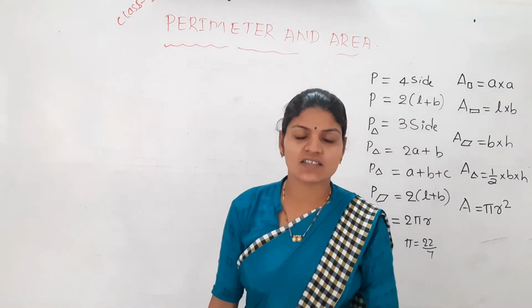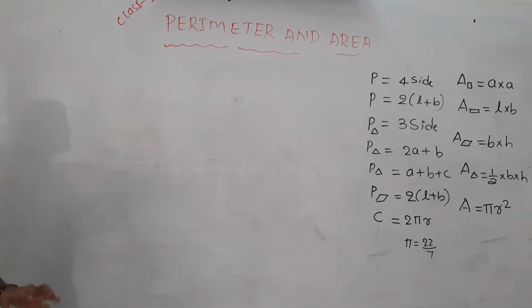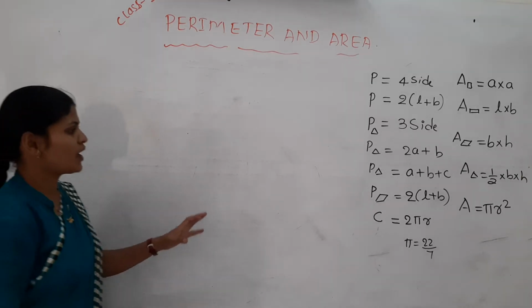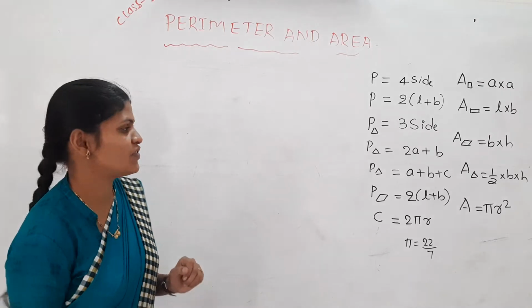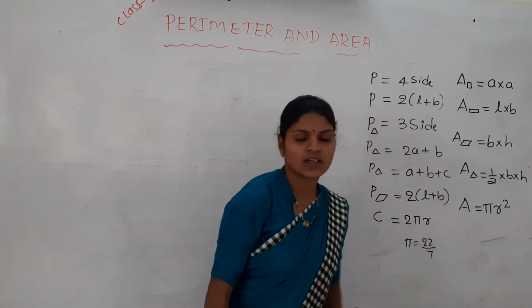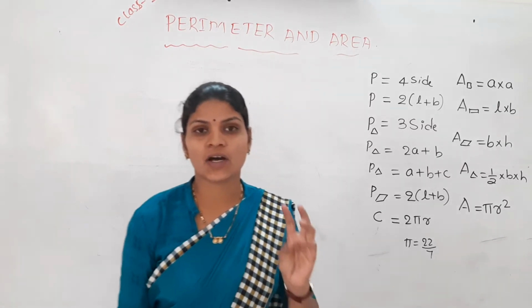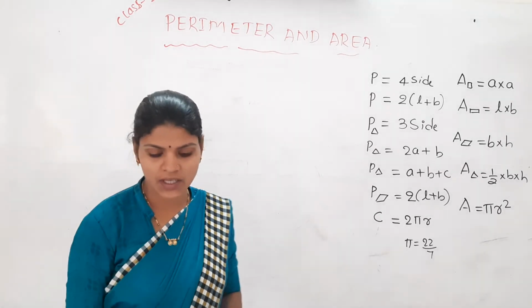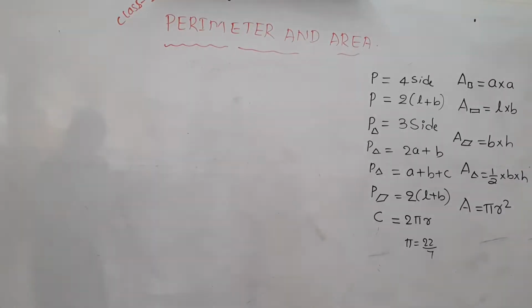Regarding these, we have to see some problems today. In today's session we will see problems based on perimeter and area related to square, rectangle, circle, parallelogram as well as triangle.